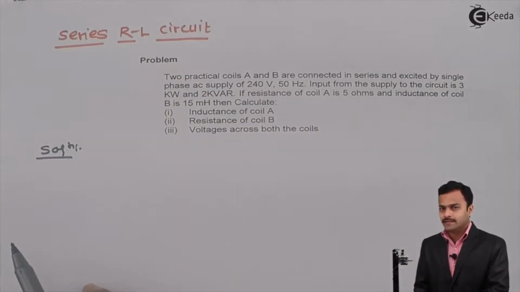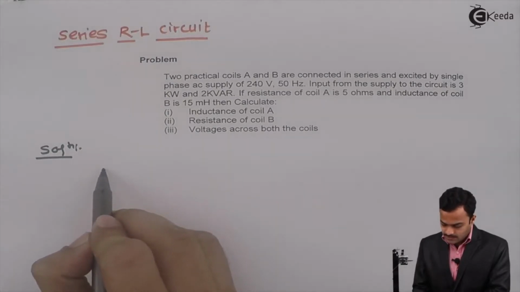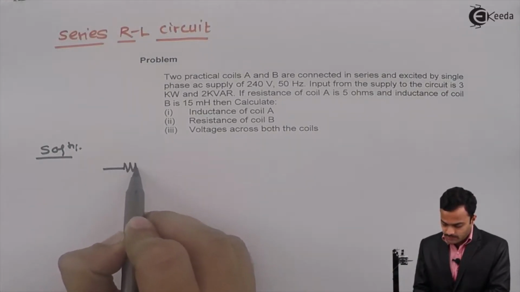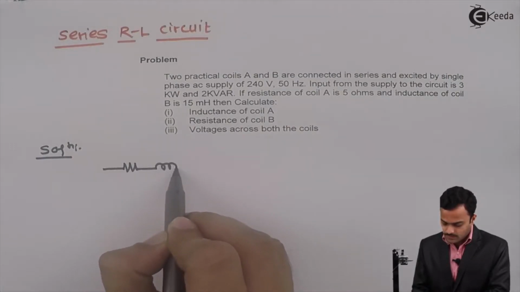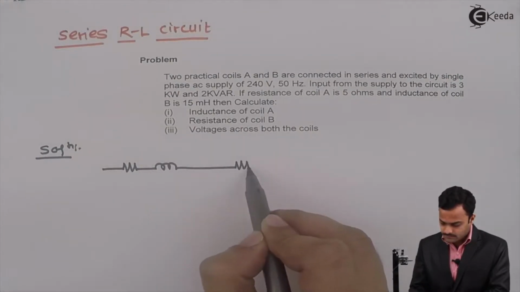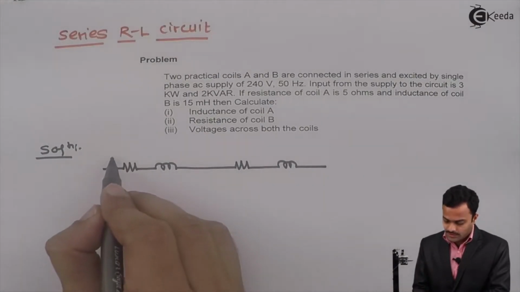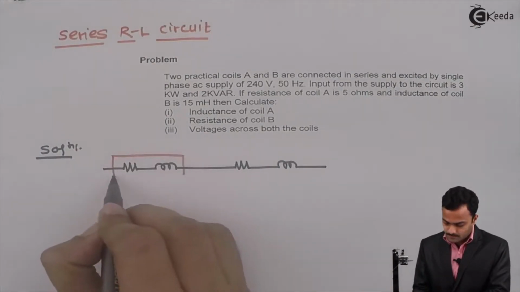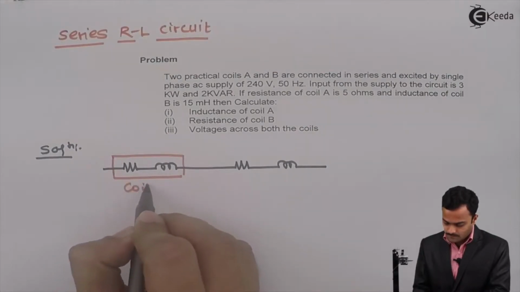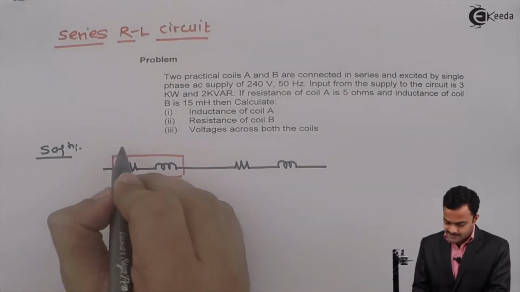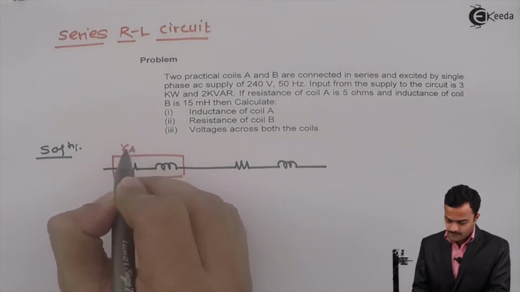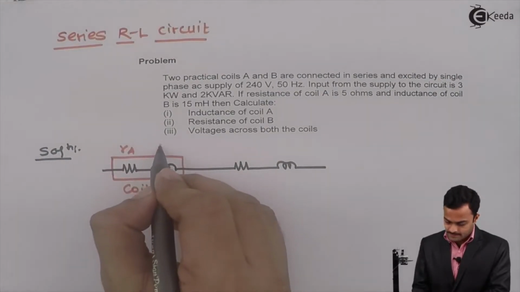Practical coils A and B, that means series combination of resistance and inductor. So this is coil A, having resistance Ra and inductance La.